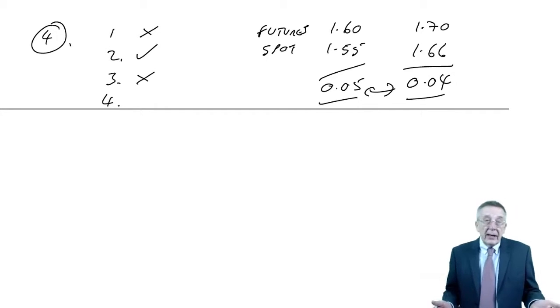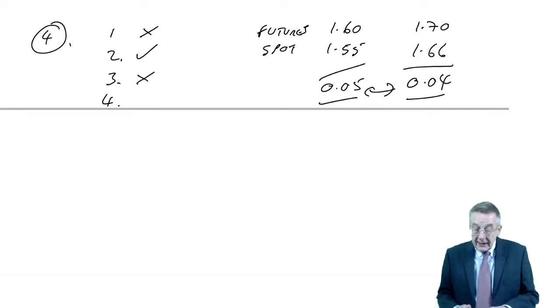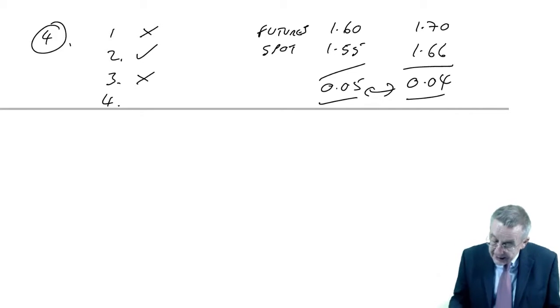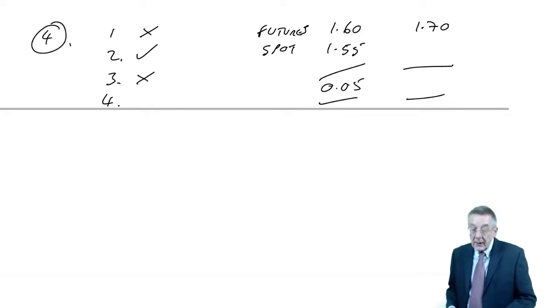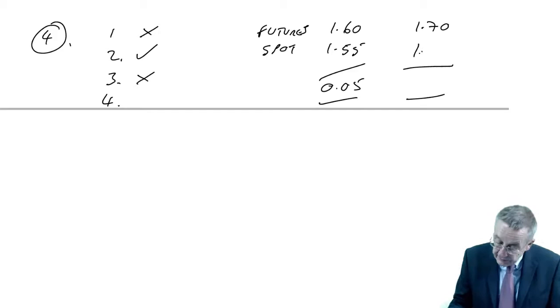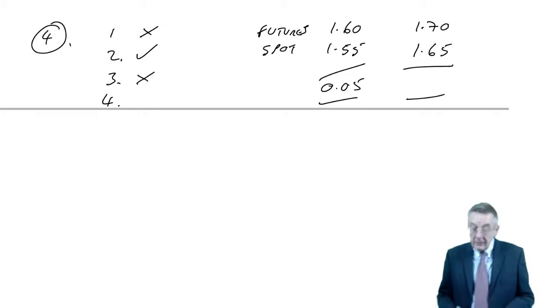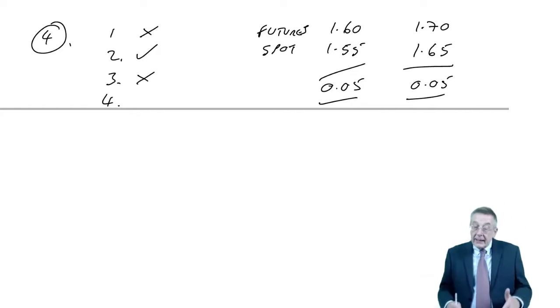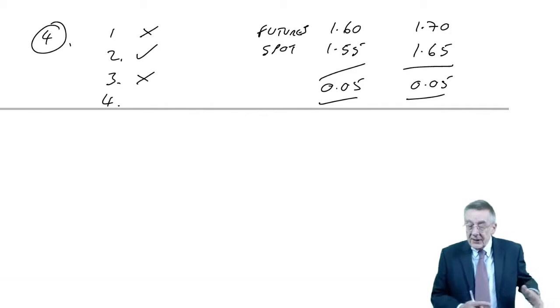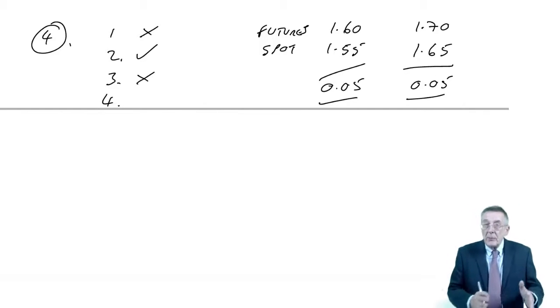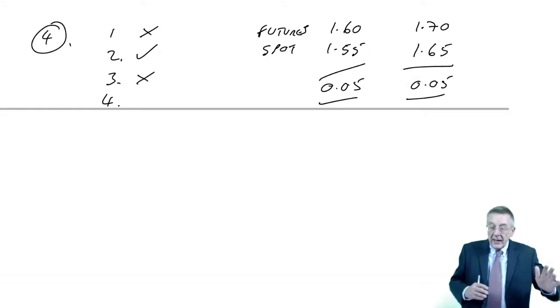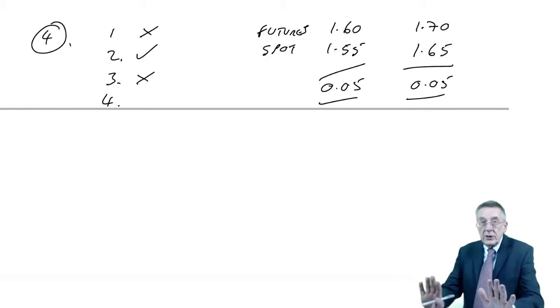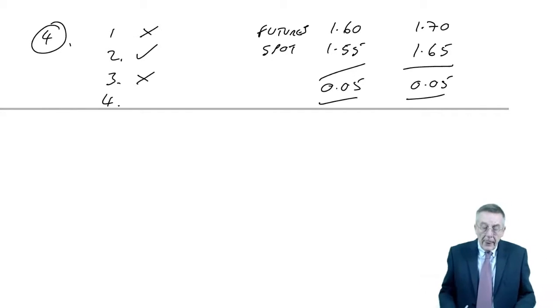That, as I've said, without giving a lecture on futures, because there's one on the website, had they moved by exactly the same amount, so the futures went up by 10, spot, if it went up by 1.6 to 1.65, if the difference remained the same, then, subject to contract size, you could have a perfect hedge because both the spot and the futures move exactly the same way.